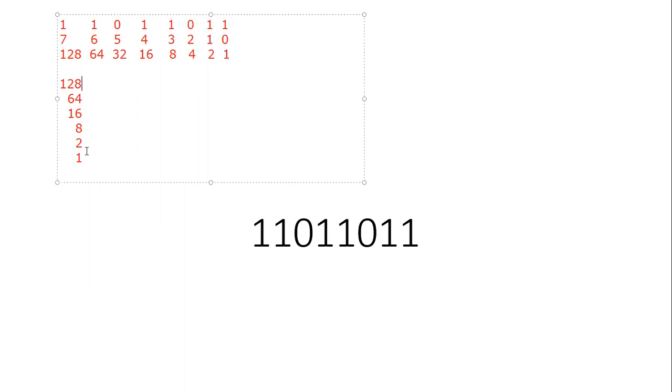If you add all these numbers together, what's the number you are getting? 219. Yes. So if you all have got this number, that means you have done a very good conversion.